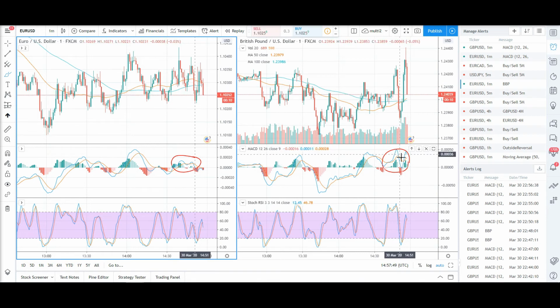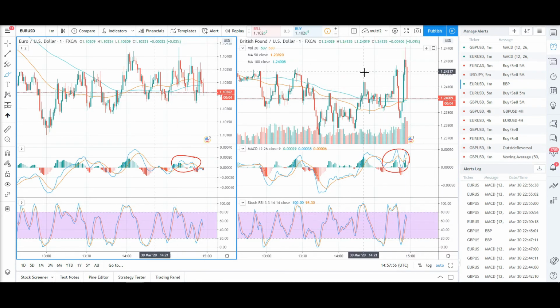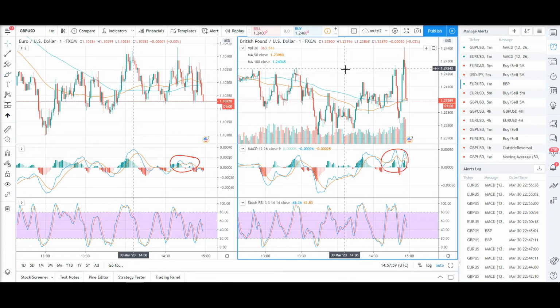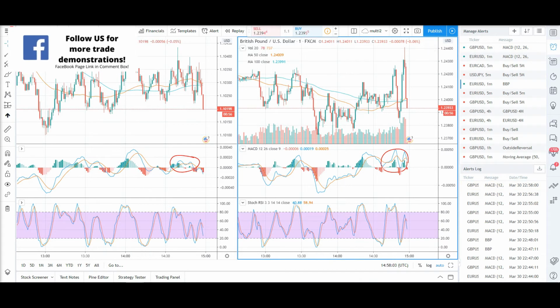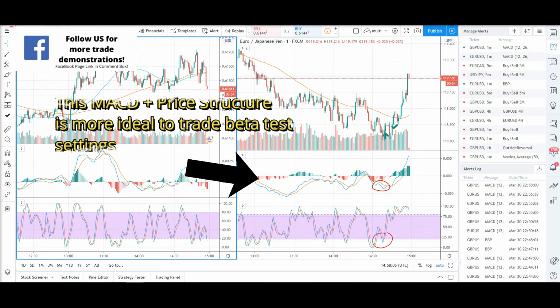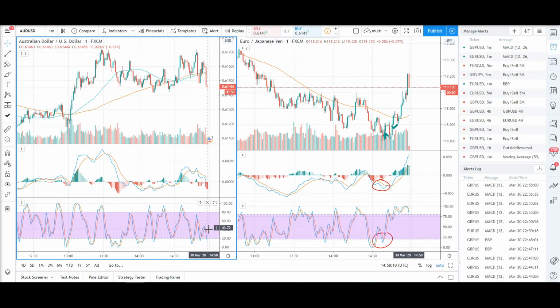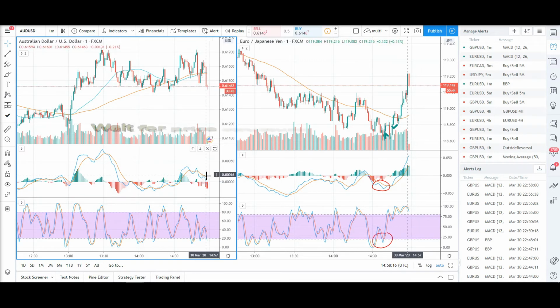We will need to wait for the MACD line to have fewer crosses and oscillate smoothly. For example, the current move you can see live on the Euro Japanese yen has an increased gap and a nice movement on top. That shows that it has a more definite move towards one direction. That is when we can resume the beta test settings.